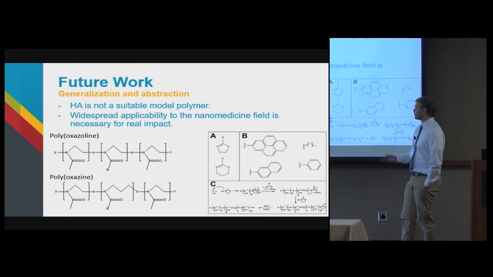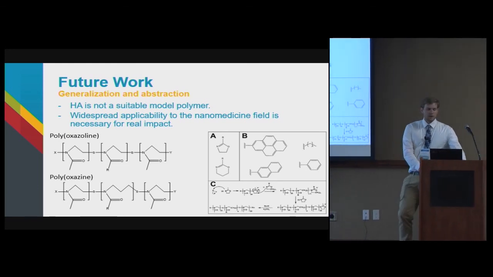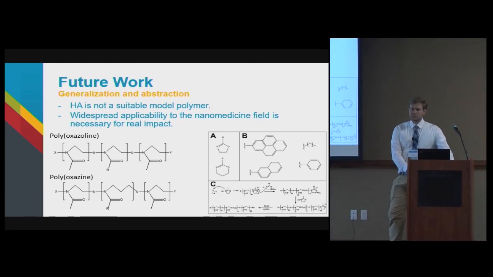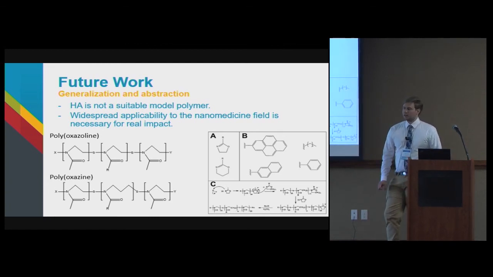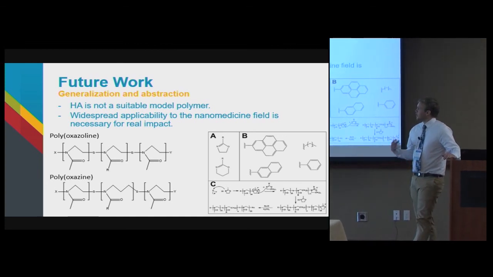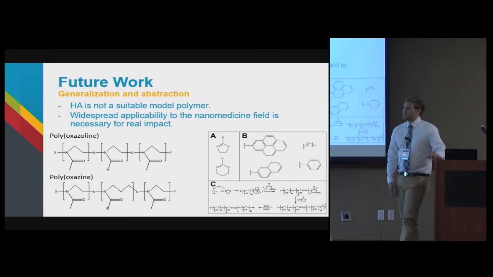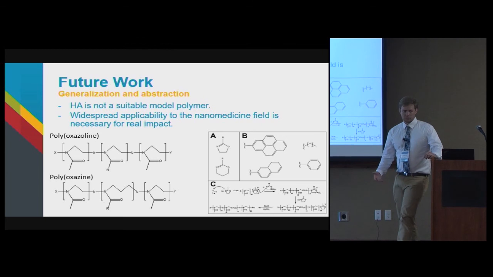So I'm working with some collaborators to synthesize some new polymers that we're also going to model and try to generalize. The idea is that if we want to have a real impact in the field, if we want to have something that's broadly applicable, it needs to be generalizable. And to do that, we need something that's much more standardized, much easier to control on a molecular level. And the hope is that as we investigate these systems, we'll have something that other people can apply to their own polymers, their own analyte, whatever they're using, more so than what I've done so far.